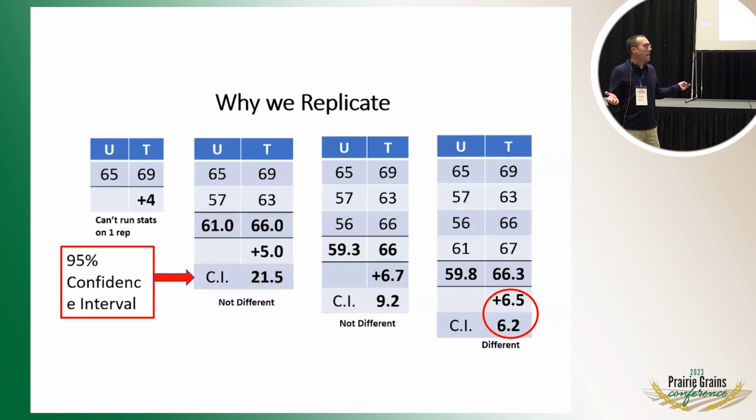We see that work plenty of times, but for getting the maximum kick out of your research, having that 4th one or even 5, 6, 10, whatever. I've seen 12 or 15 sometimes from farmers. We got a 6.5 response here, and we only needed 6.2 for it to be different. It took 4 reps, but we got there.